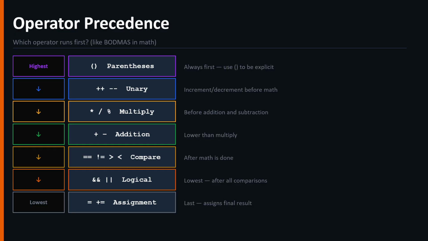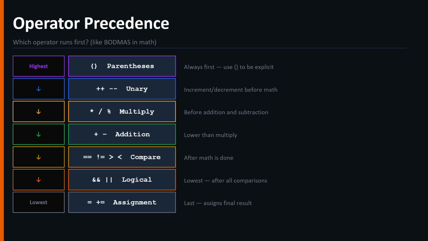The second one is unary, meaning plus plus, minus minus, increment and decrement. The third is multiply, divide, modulus. The fourth is addition and subtraction. The fifth is comparison, which happens after all math. The sixth is logical operators, which run after comparison. And the final one is assignment, which happens last.